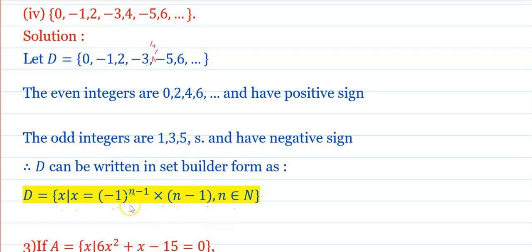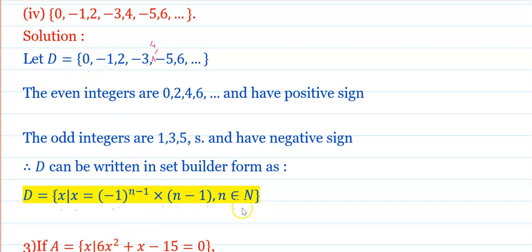Now, how can we get the numbers from this rule? Suppose we take n equal to 1, then (-1) raised to 1 minus 1, that is 0, and overall the first element will be 0.